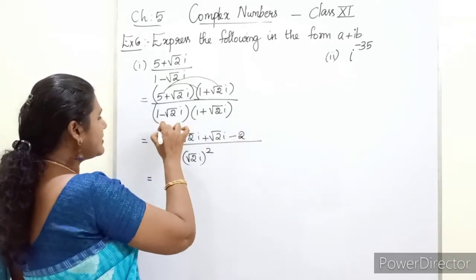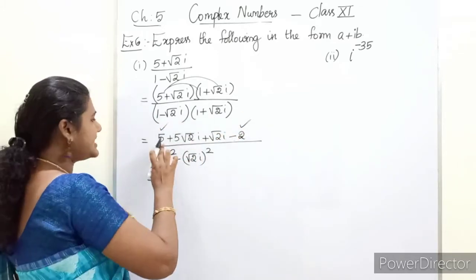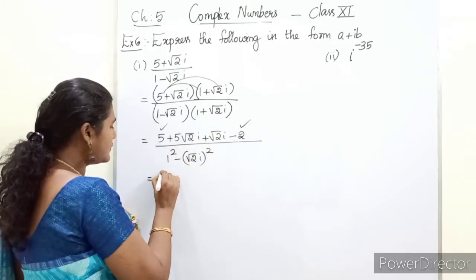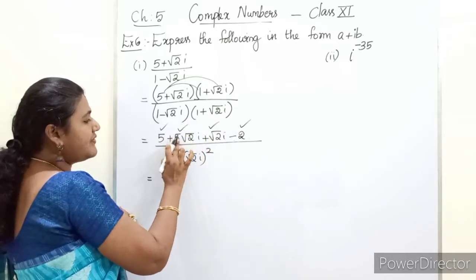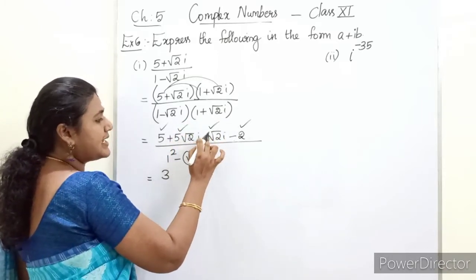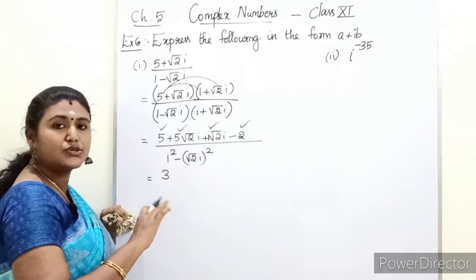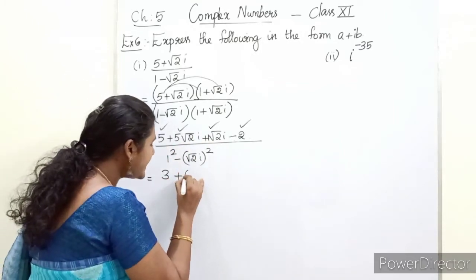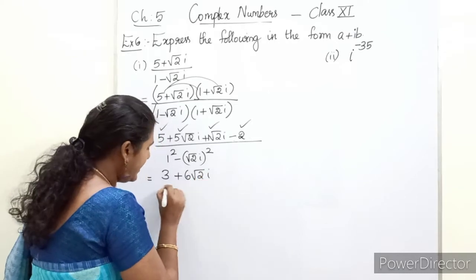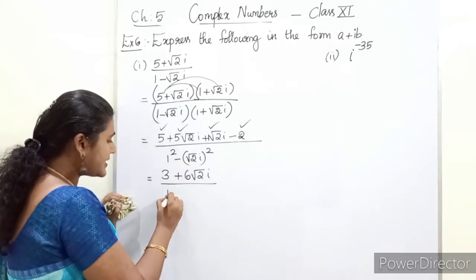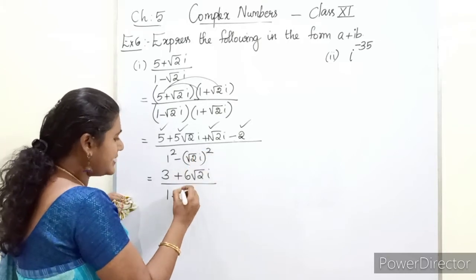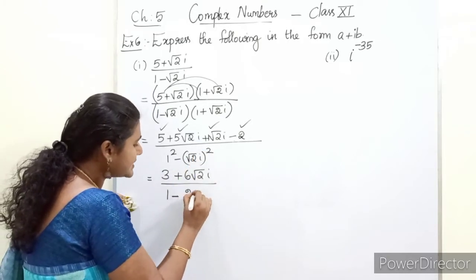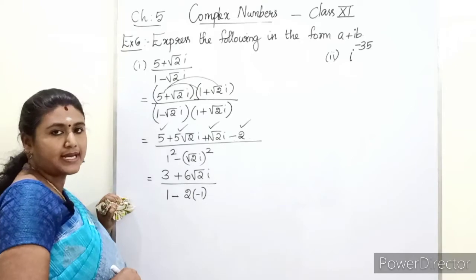So the real part we will simplify first, that is 5 minus 2 is equal to 3, and the imaginary part we will simplify. Here we have 5 root 2i and here we have 1 root 2i. So when we add, we will get 6 root 2i, divided by the denominator, which is 1 minus, here root 2 square is 2, 2 into i square value is minus 1.